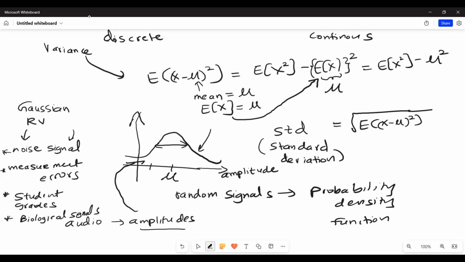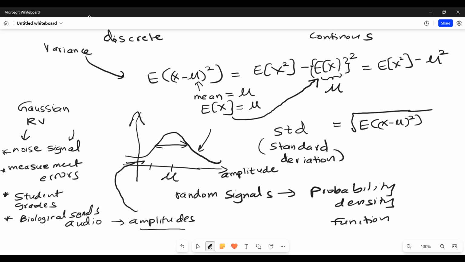And then measurement errors in the sensors. What is the distribution of the measurement errors? That is the place where we require the probability density functions.